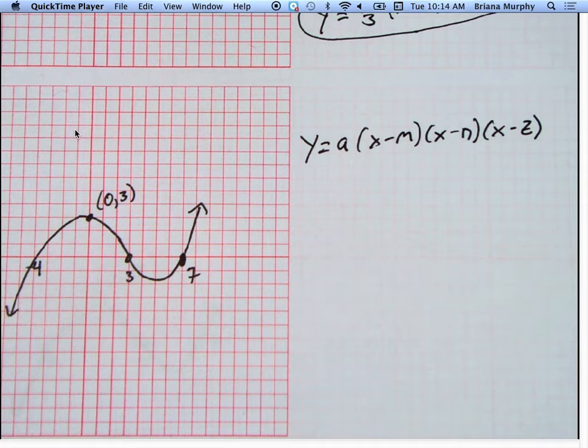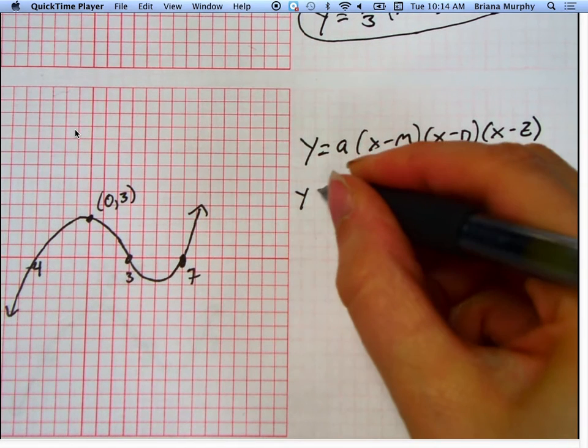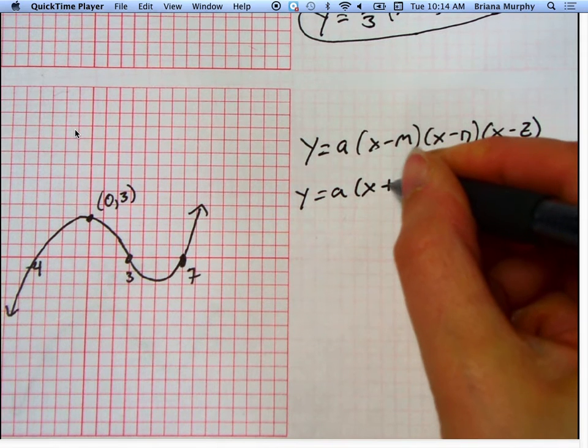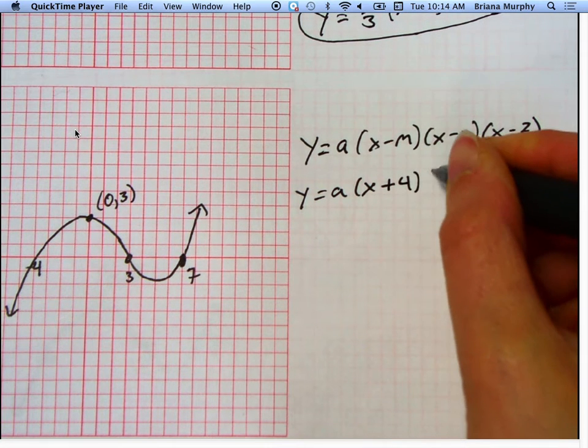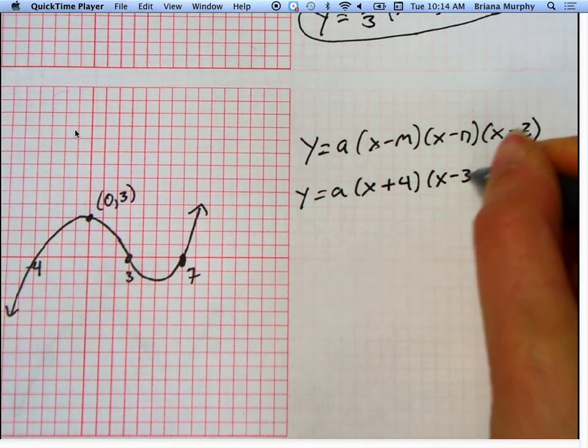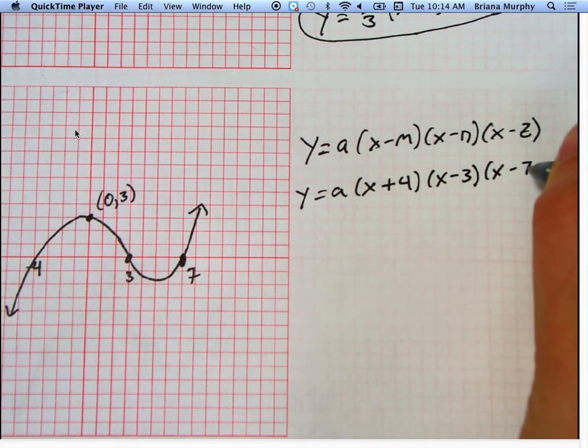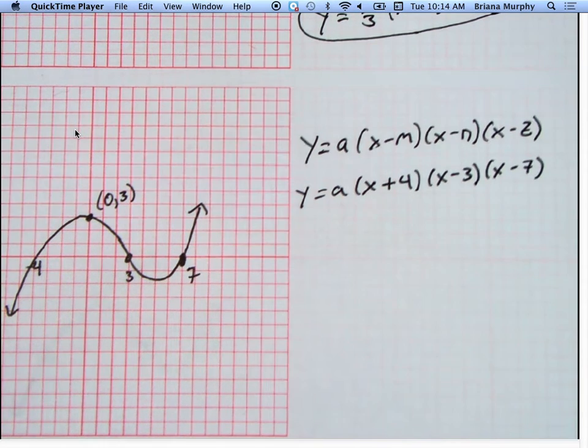Okay. My next step is I'm going to plug in what my roots are. I don't know what y is yet. I'm not going to do a yet. I'm going to do (x plus 4) times (x minus 3) times (x minus 7). Does it really matter what order I put those in? No.